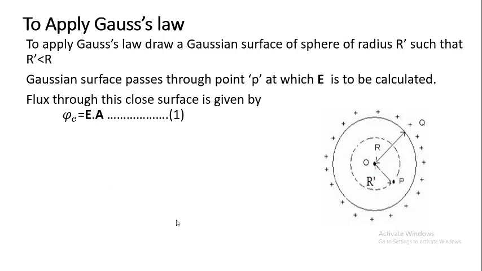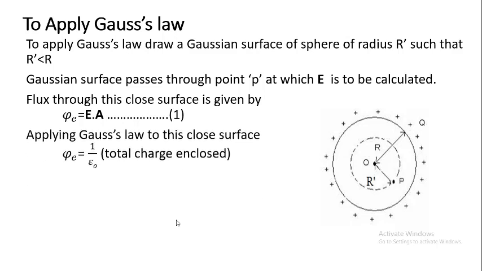Now, applying the basic equation of the definition of electric flux, the flux through this closed surface is given by phi equal to E dot A. Applying Gauss's law to the closed surface, phi is equal to 1 over epsilon naught times total charge enclosed.